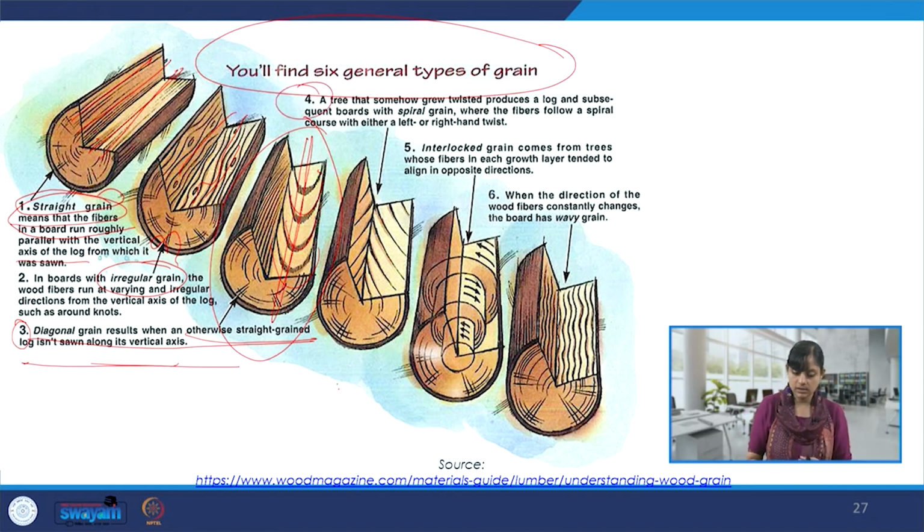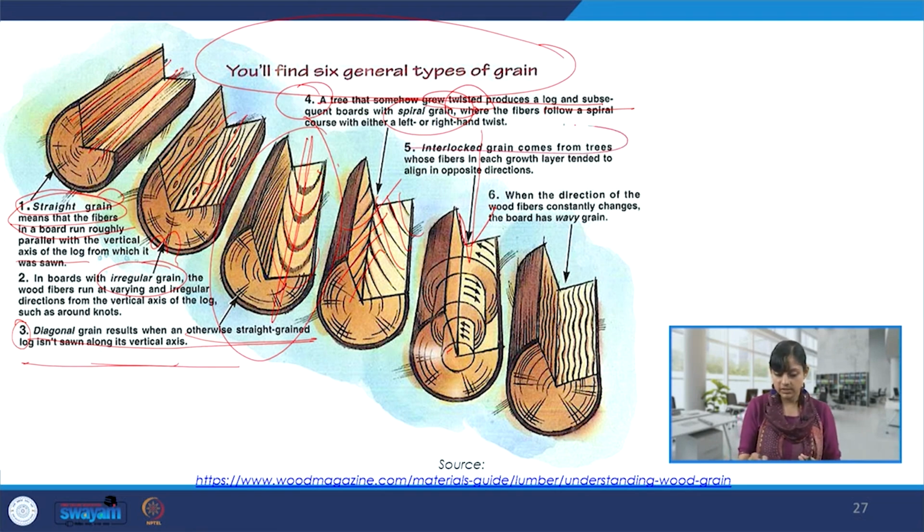Then this is the fourth one, where a tree that somehow grows twisted produces a log and subsequent boards which have a spiral grain, as you see over here. So this is another kind. Then there is also this interlocked grain. We talked about the case of sal.